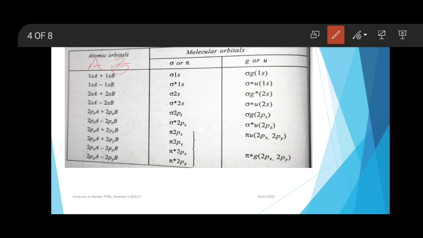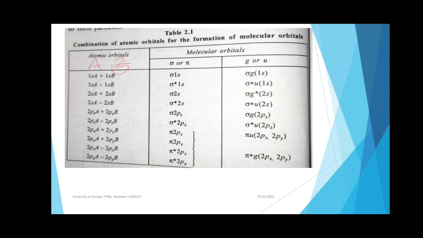Okay, so the 1s orbital of atom A combines with the 1s orbital of atom B. What is it going to form? It forms a sigma 1s molecular orbital. Here there is addition of two orbitals. If the 1s orbital of atom A is subtracted from the 1s orbital of atom B, there is formation of sigma star 1s molecular orbital.